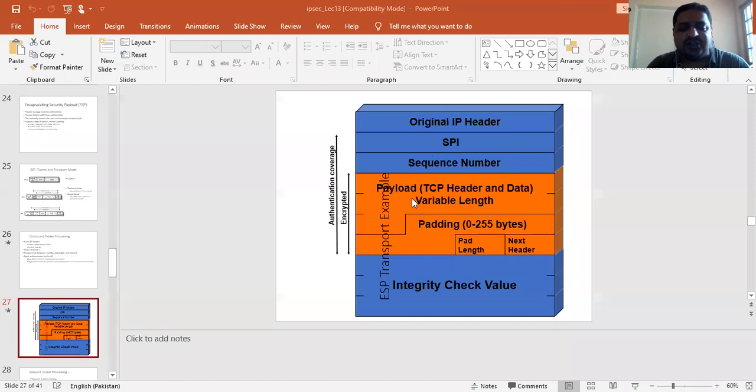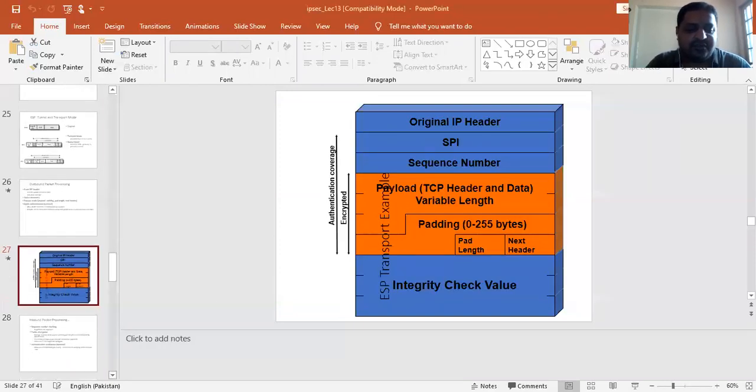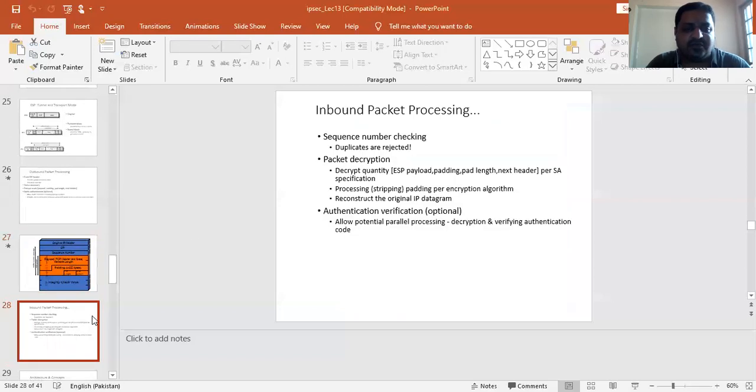This figure explains how we can provide security to the data using authentication, or using a protocol like the IP security protocol. So we have inbound packet processing, where the inbound packet needs to be sent to the other network, for example.